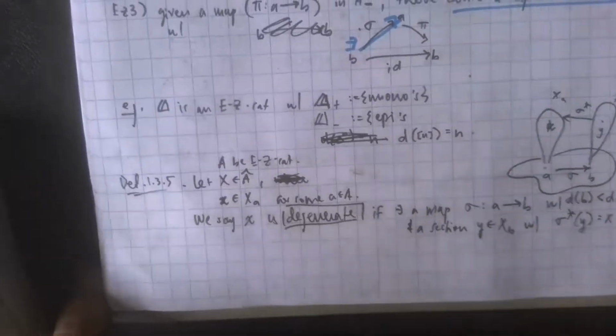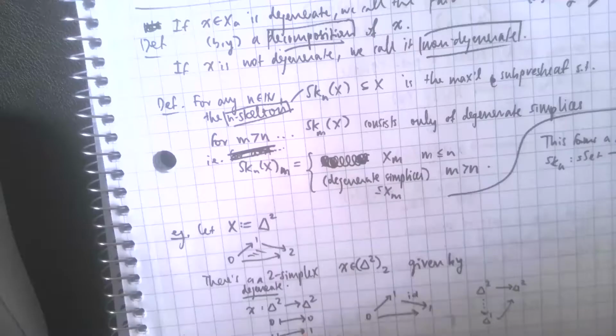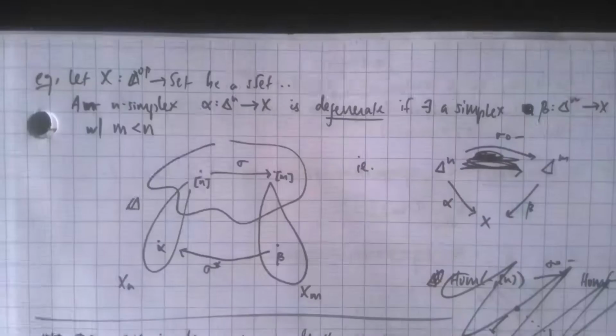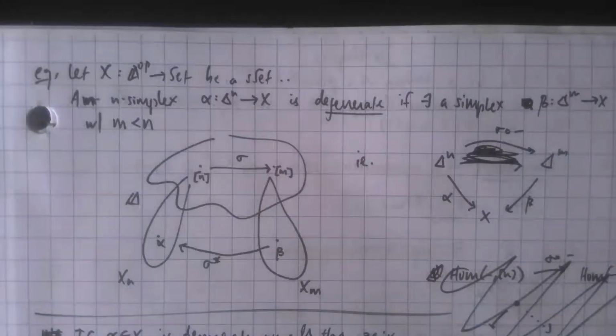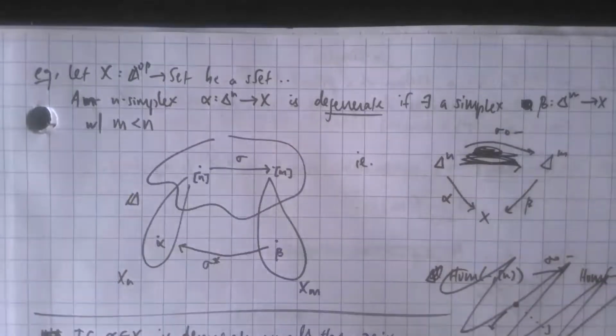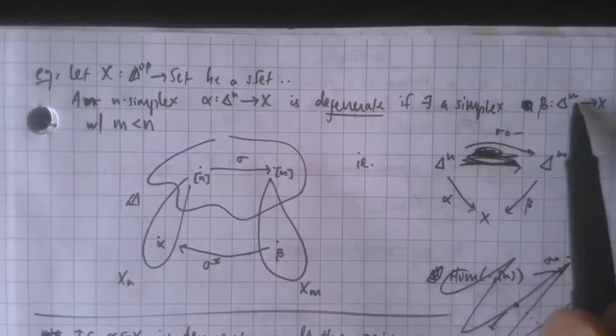In particular, this is kind of abstract, but if we look at simplicial sets, hopefully it'll make more sense. Let's take the category of simplices and a simplicial set X. We say an n-simplex is degenerate if there exists a simplex of smaller dimension.